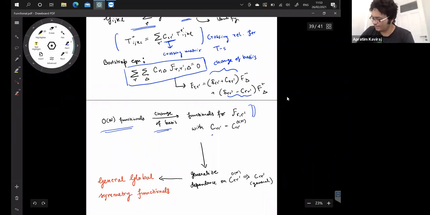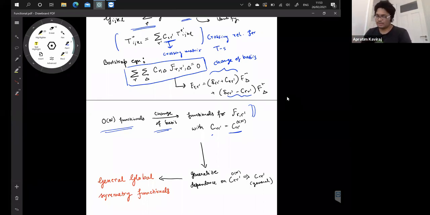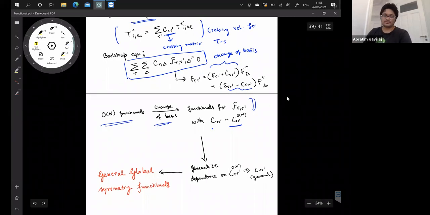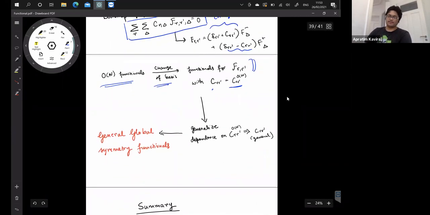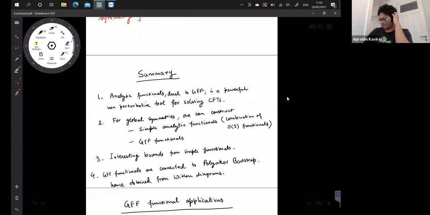Then you try to identify the dependence on the ON crossing matrix, and then just generalize it to the general crossing matrix that you have for the general group, and that automatically gives you the general functionals for the group you want. So you just have to identify the dependence on the crossing matrix. So this is very simple. That's why I wanted to point it out, and this is the end of my talk. So let me summarize.